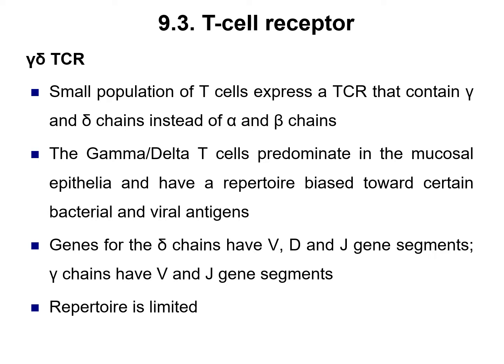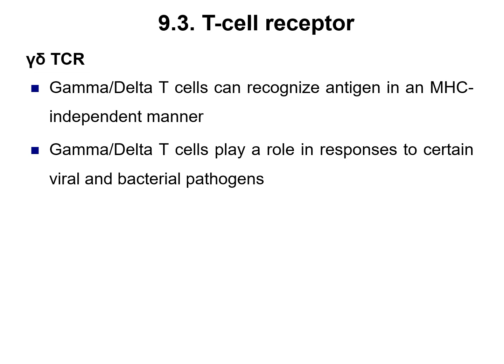Gamma chains have only two of those segments, the V and the J, while delta has the V, the D, and the J. The repertoire is limited, so the type of cell is limited. This gamma delta TCR can recognize antigen independently of MHC. Gamma delta T cells play a role in response against viral and bacterial pathogens.